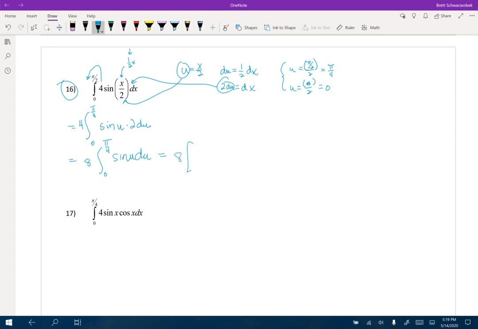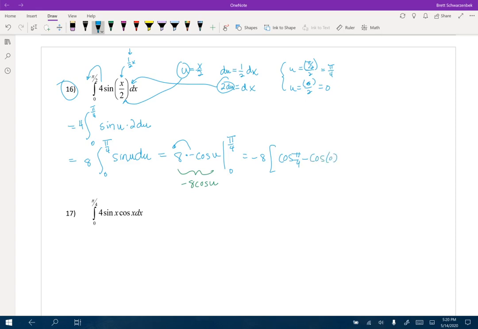If we take the antiderivative of sine u, we get negative cosine u, and we're evaluating that from 0 to pi over 4. We can move this negative to the outside, so this is actually going to be negative 8 cosine u. To save a step, we can leave the negative 8 on the outside and just do cosine of pi over 4 minus cosine of 0.